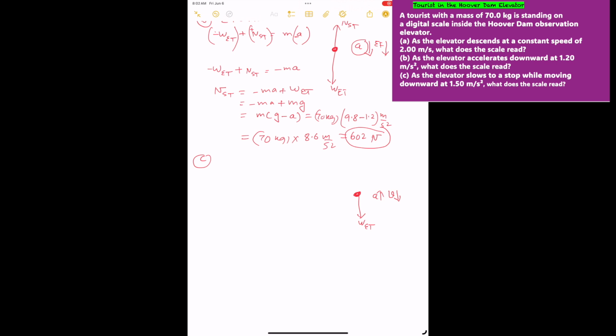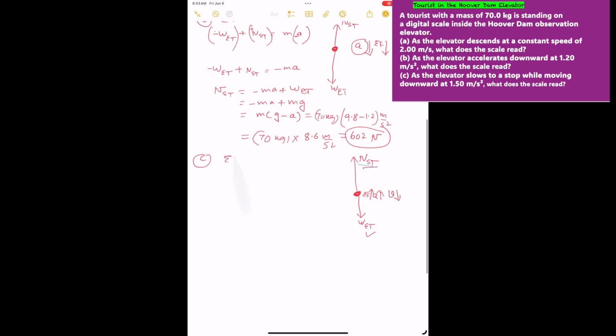If velocity is downward and it is slowing down, then acceleration must be upward. We discussed that in our kinematics problems, right? So to have the acceleration upward, the net force must be upward. To have the net force upward, the normal force must be greater than the weight force, isn't it? That's how you have the acceleration upward.